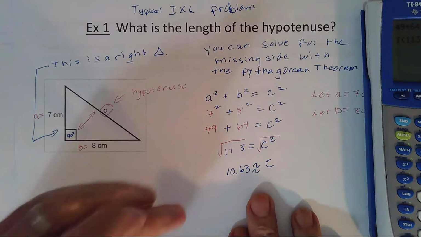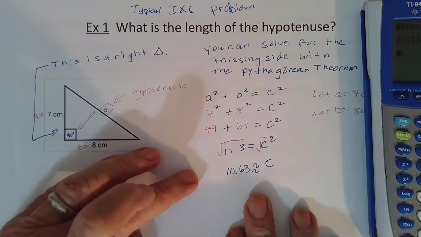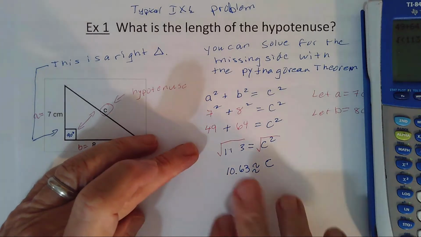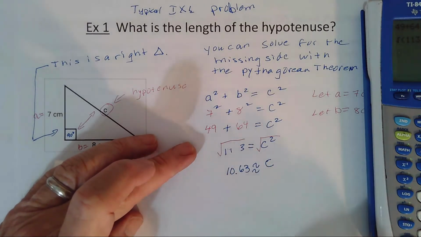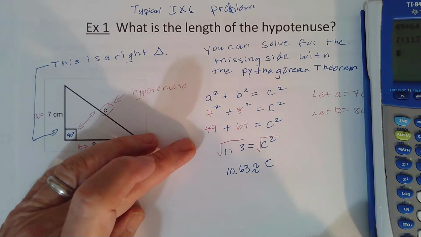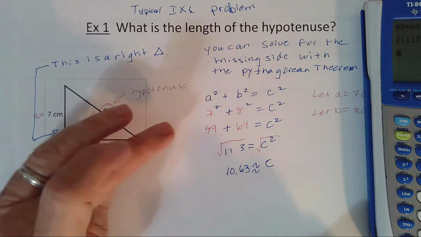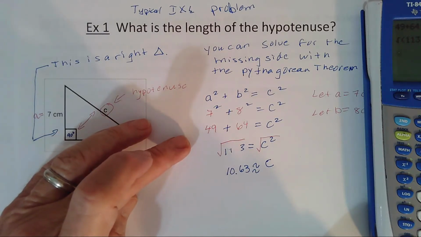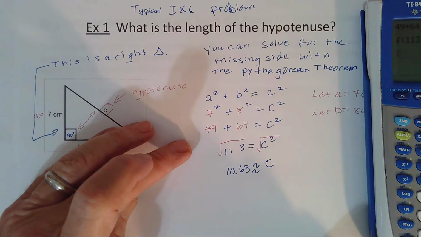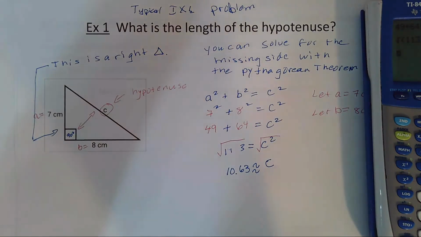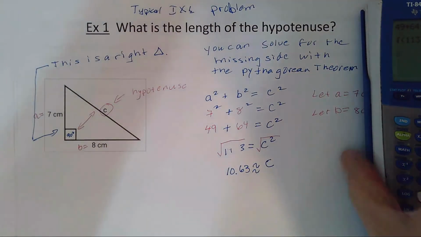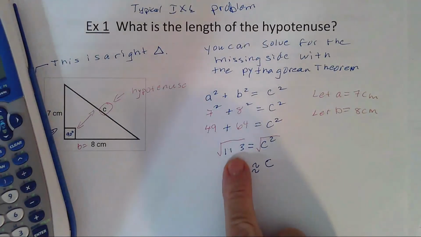Now, there's another way we can solve this. We can factor 113. We already know it's 49 plus 64. 49 we already know is 7 squared, right? And 64 is 8 squared. The problem is when we add that all together, we don't have a perfect square, because 113 is not a perfect square.